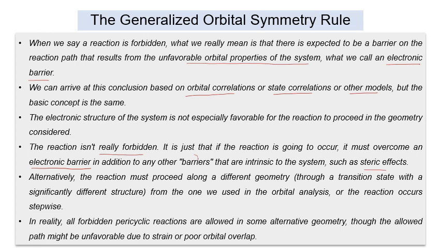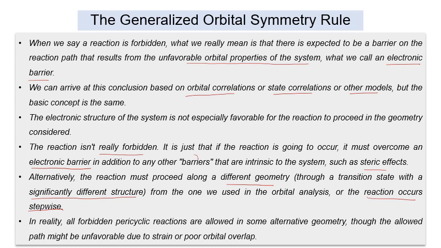Alternatively, the reaction can proceed along a different geometry with a transition state which has a completely different structure from the one that we use in our orbital analysis. Or it is possible that the same transformation can give the product in a reaction that occurs stepwise and not in a pericyclic fashion.